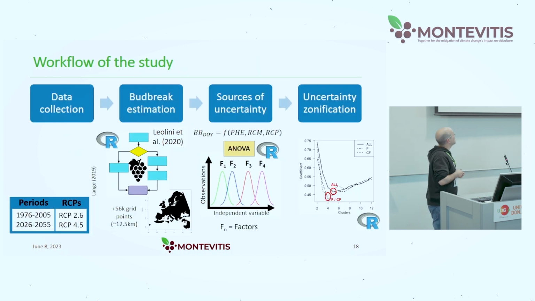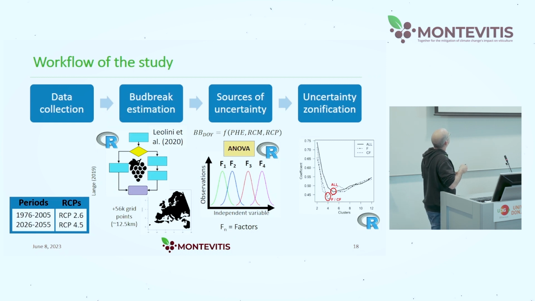As I showed you before, we have here the workflow in which we collected the data that comes mainly from the published studies, and the climate data from the PIK.